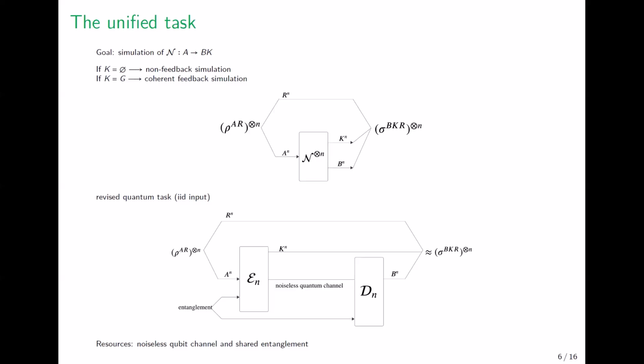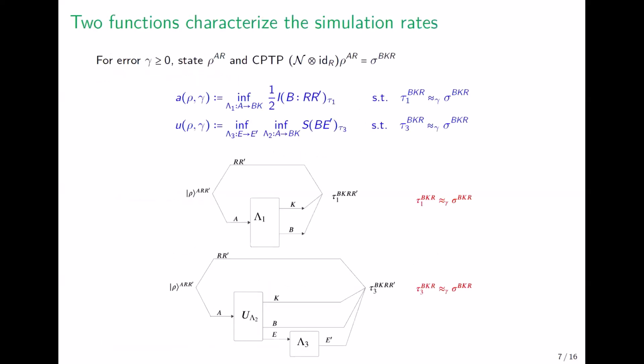Our setup is very similar to the quantum reverse Shannon theorem setup. But as I said, we want this side information system to be retained or preserved by the encoder. And we also assume that there is free entanglement shared between the encoder and decoder. We had all these different functionals, for example mutual information, or some functionals in terms of entanglement of purification, that determine the rate.